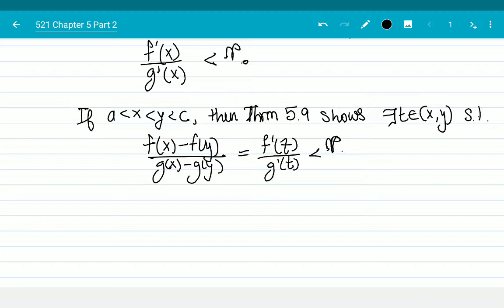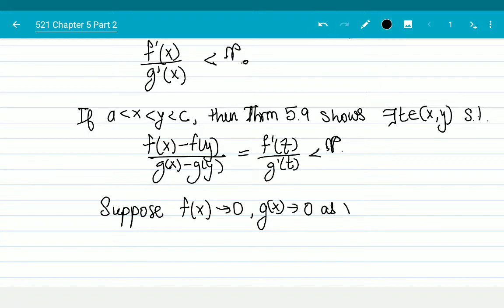Now, suppose f of x and g of x go to 0 as x goes to a. Well, what is happening?